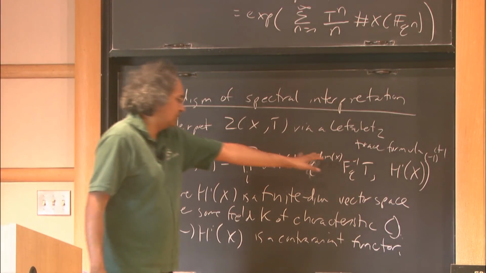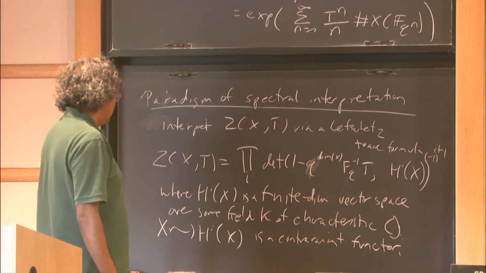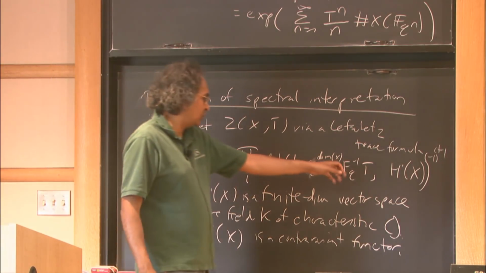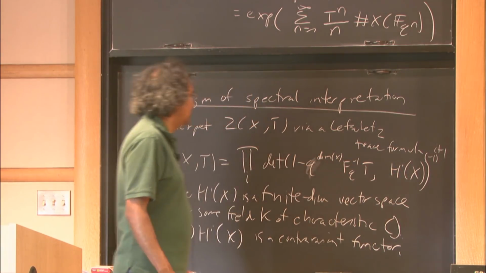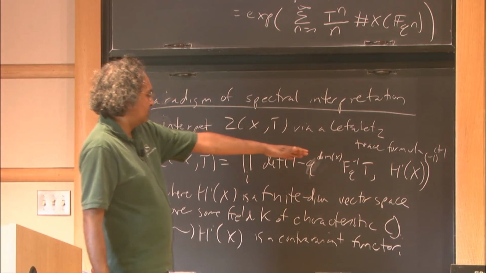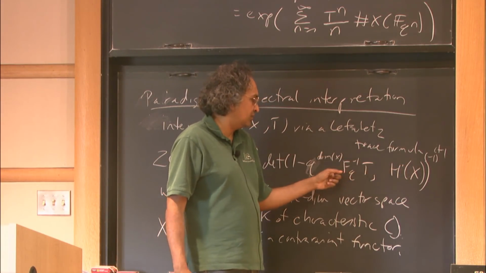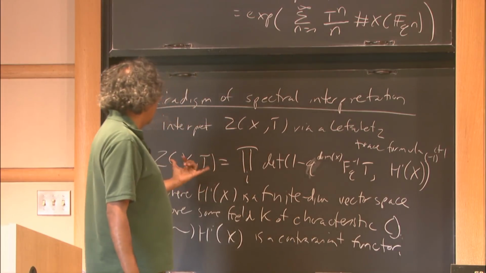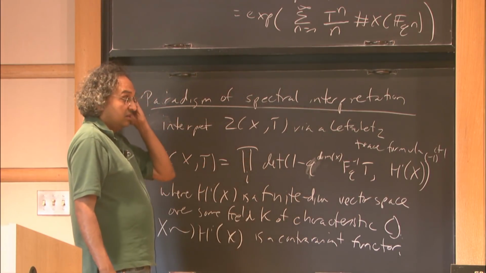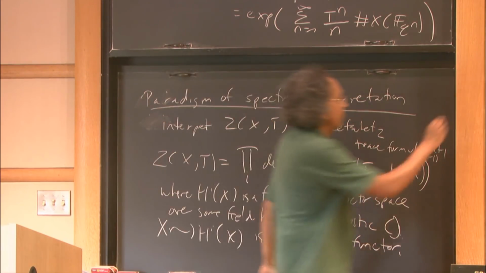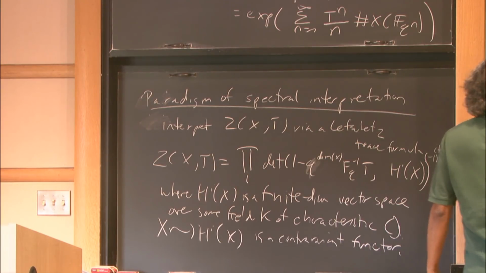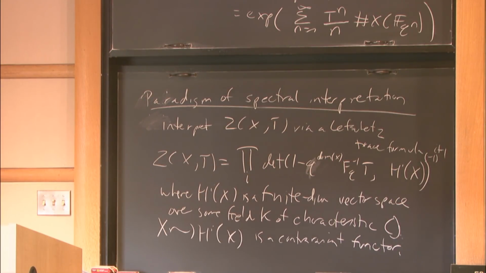Never mind about this, it's just some normalization. But up to some normalization, I'm looking at the characteristic polynomial of Frobenius on this vector space. And depending on the parity of i, this contributes to the numerator or denominator of the product that I get here.